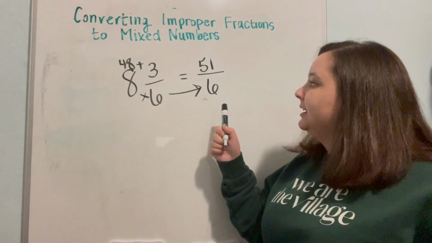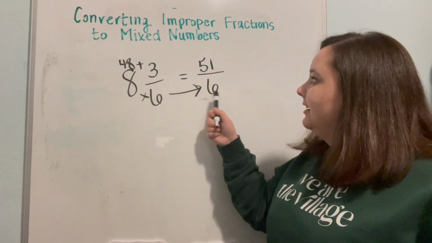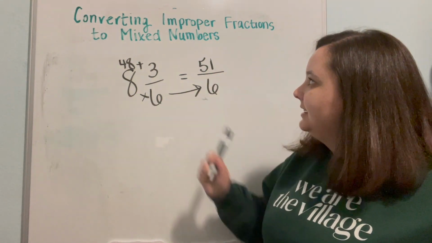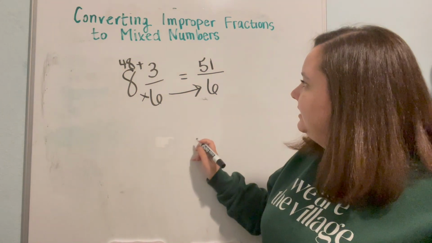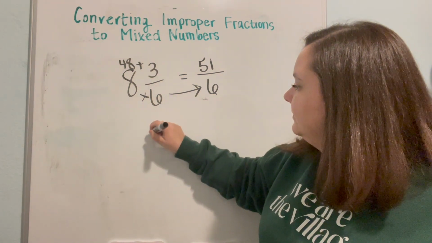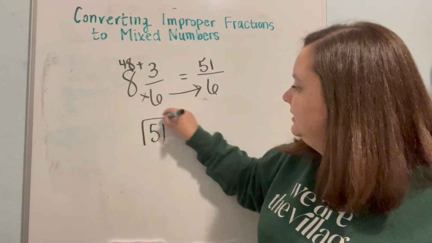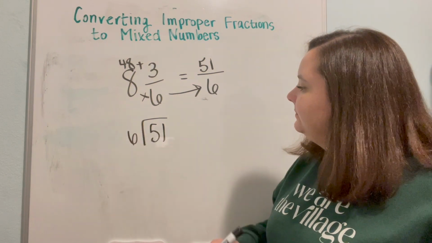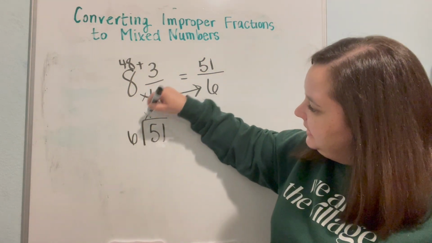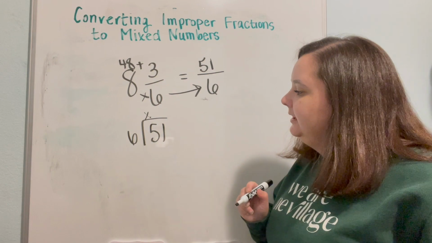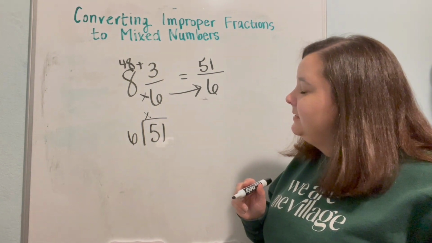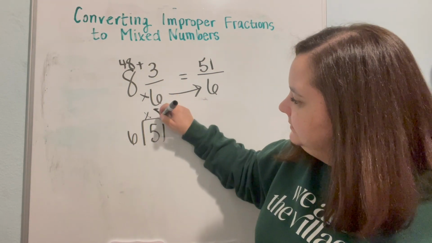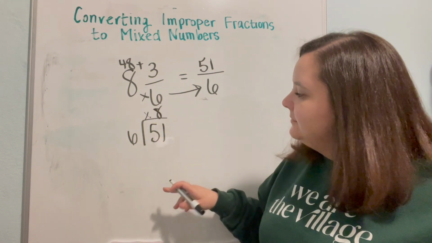I could check this by going backwards, taking our improper fraction and making it back into a mixed number. So let's see if we got it right. I have 51 divided by 6. 6 doesn't go into 5, but it does go into 51. It goes into 51 8 times. Look at that, there's my whole number.